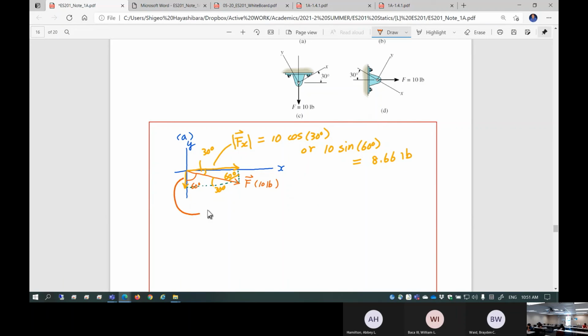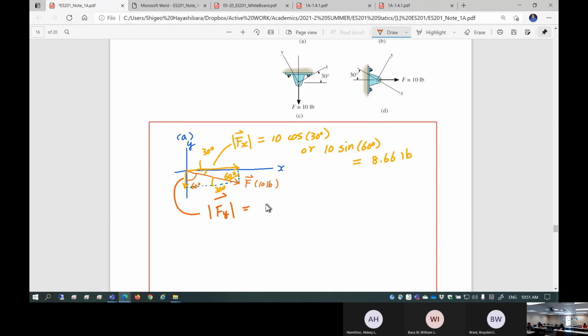Now, the other way around is Fy. So this thing is the Fy magnitude.